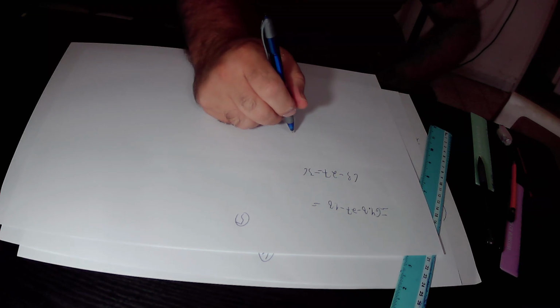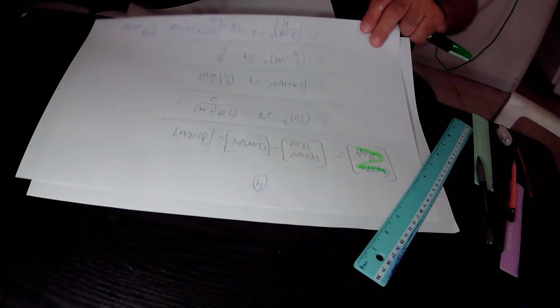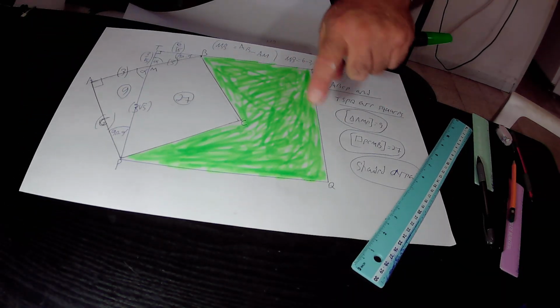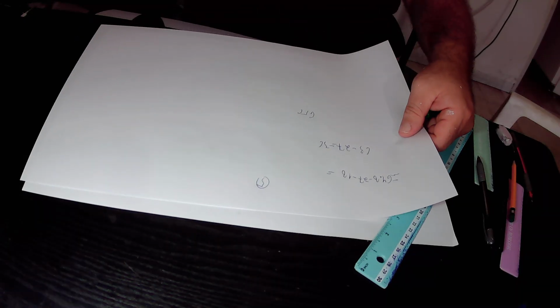So in total, we found out that the area we are looking for in this question, that is the area of this green shape, is equal to 36 square units in size.